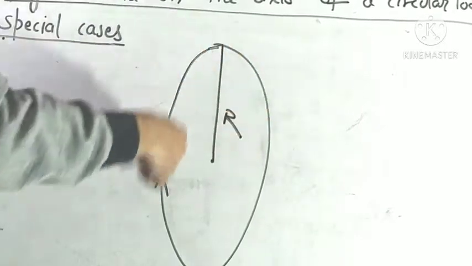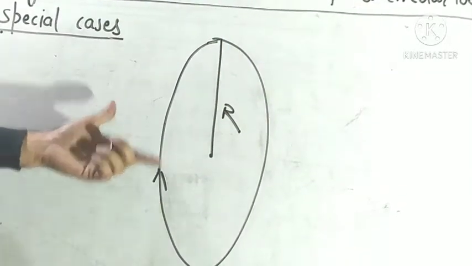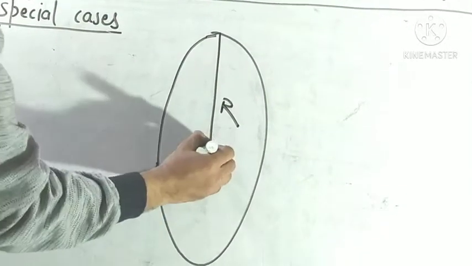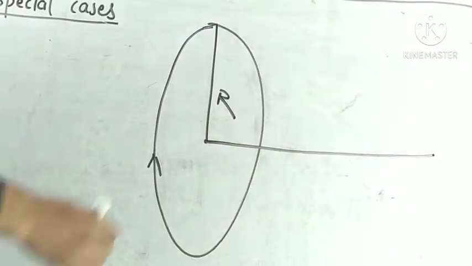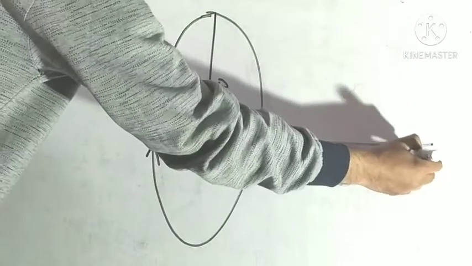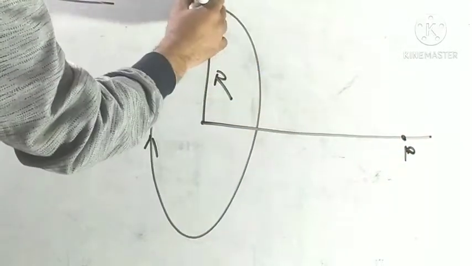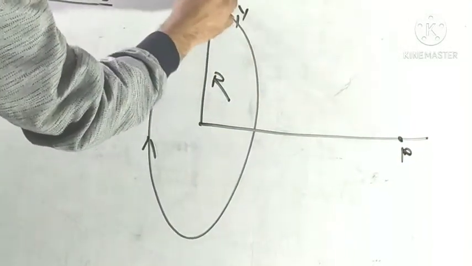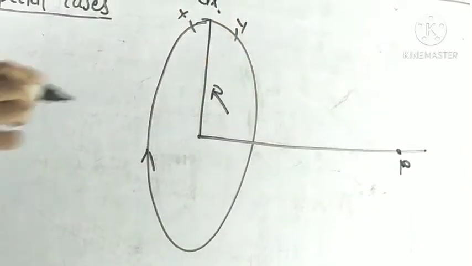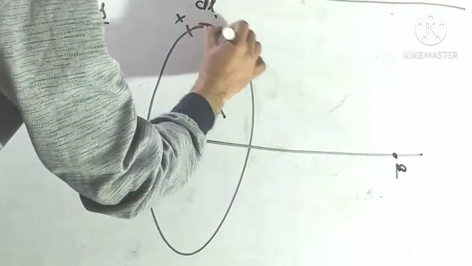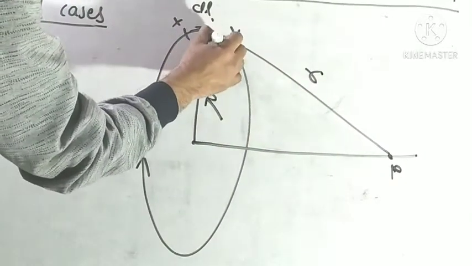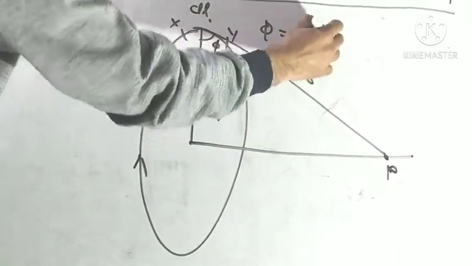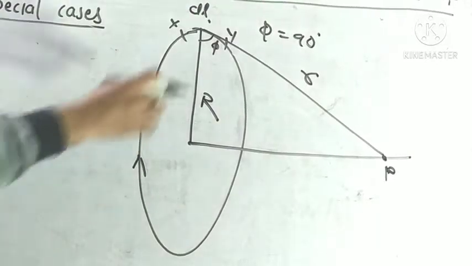We place this circular loop in vertical form, and the axis passes through the center of this circular loop. We take any point P on this axis, and we take any element XY having length dl at a distance r from this point P, making an angle phi of 90 degrees.